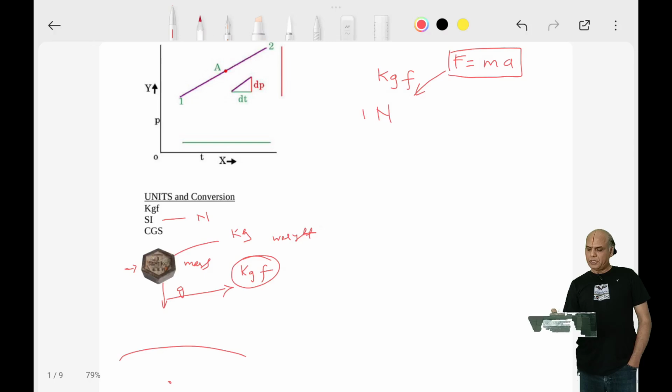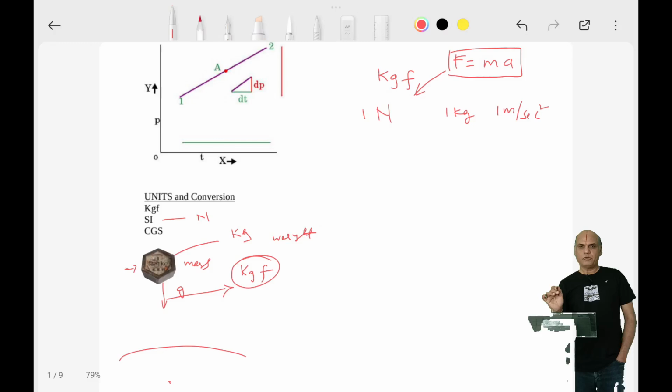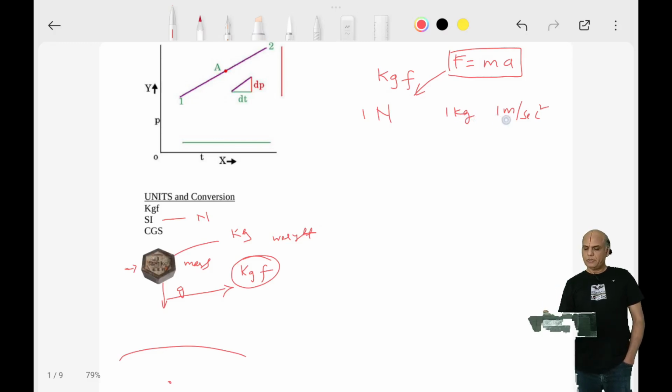1 Newton is the amount of force that can accelerate a body of 1 kg mass through 1 meter per second square acceleration. Similarly, in CGS units, it is called 1 dyne.